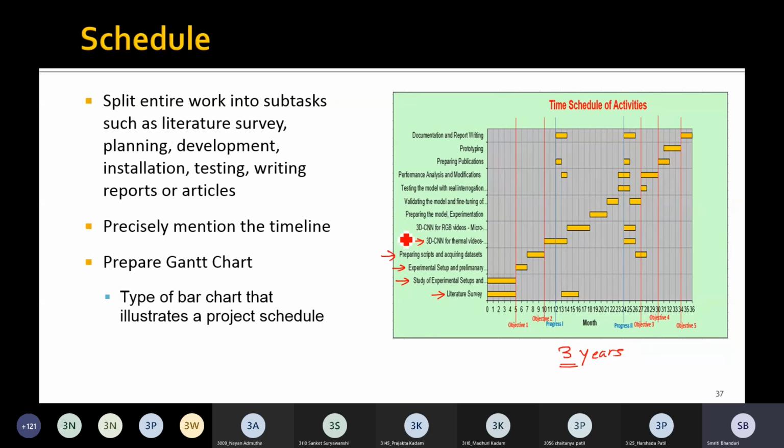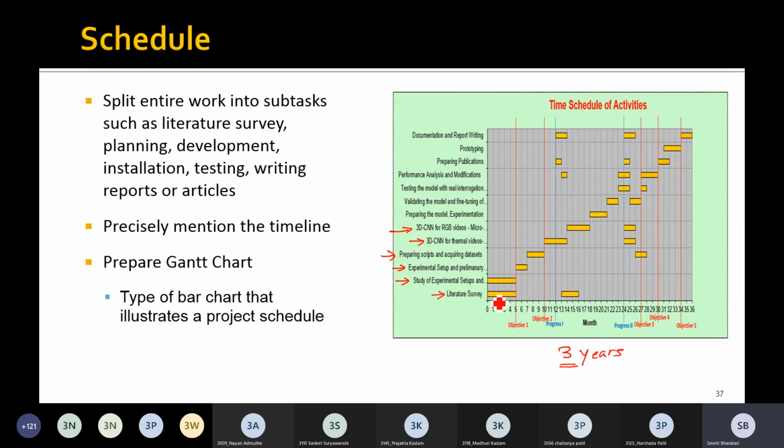See here, these are the subtasks that have been identified. Depending upon whatever the project is, we can understand and come up with these subtasks that we should perform. Literature survey is one of the subtasks. Study of the experimental setup might be another subtask.